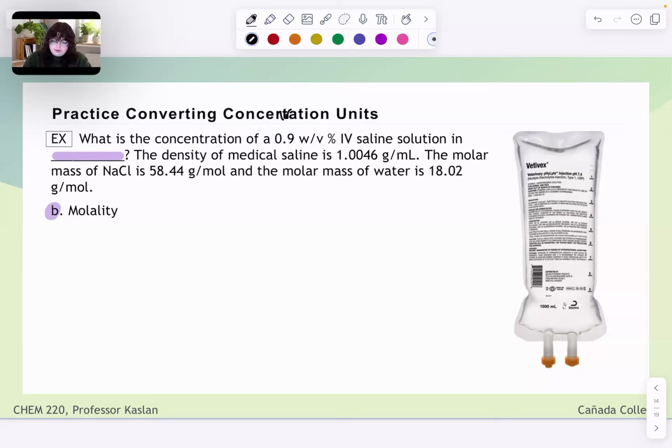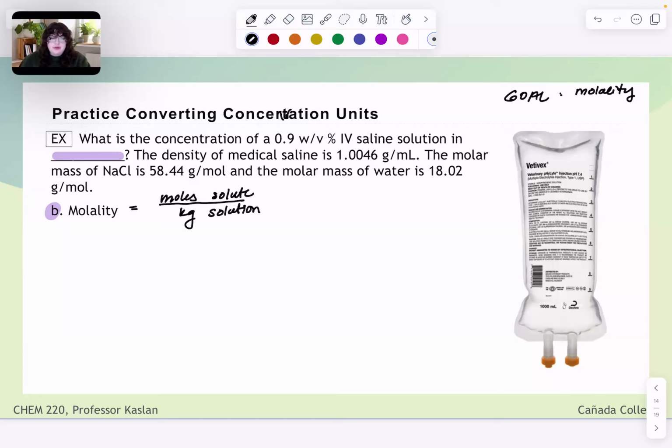So our goal is to get molality. So let's remind ourselves of what molality is. Molality is moles of solute per kilogram solution.